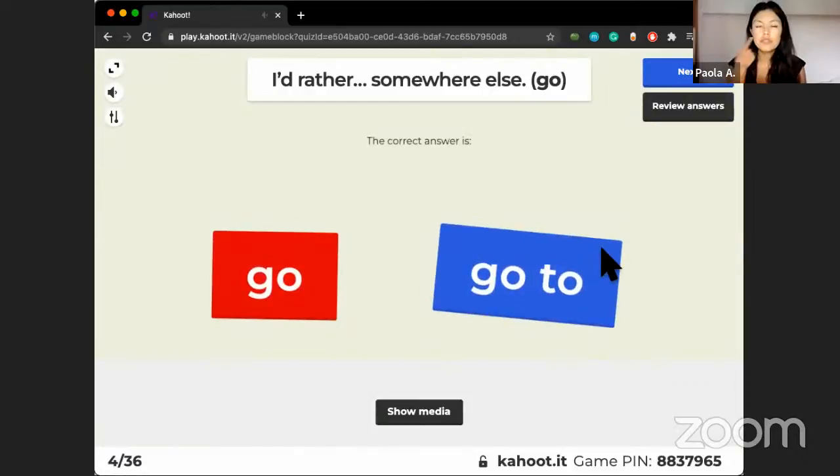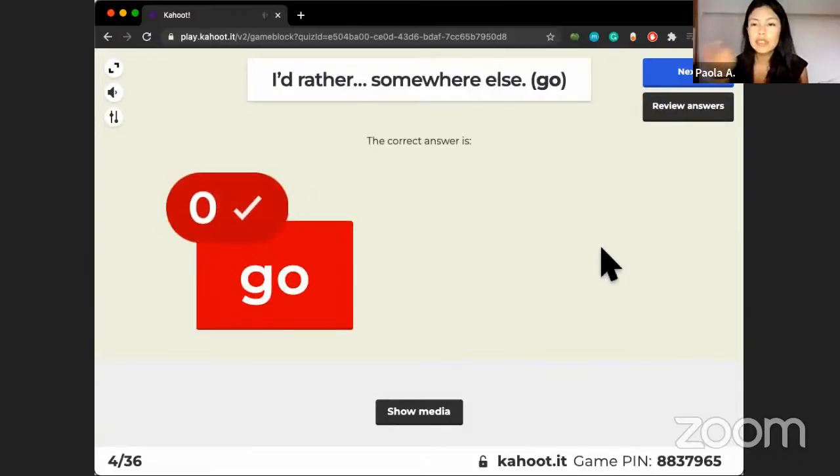Sometimes we should try to listen and see which one sounds better. I would rather go or I would rather going. Sometimes when we listen, we already know some of these expressions. We get to the idea faster, but it's fine if we make mistakes, no? Let's read. What's rather? Prefer. Like I would prefer.